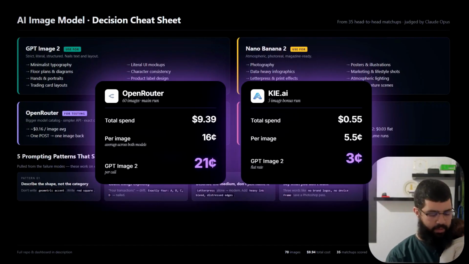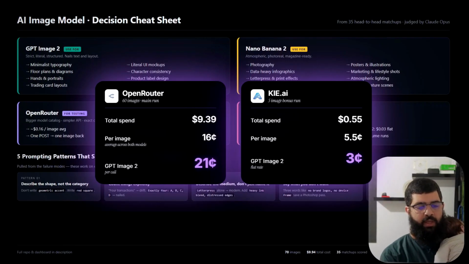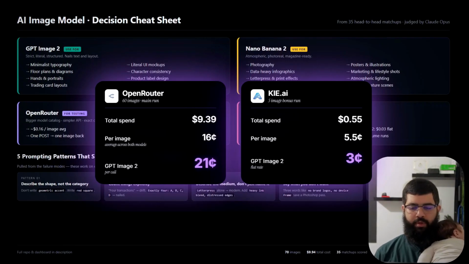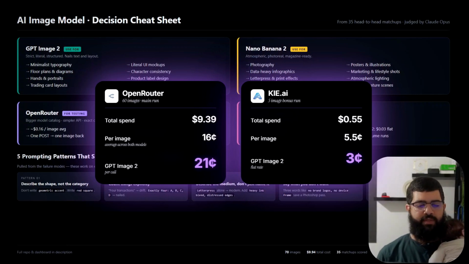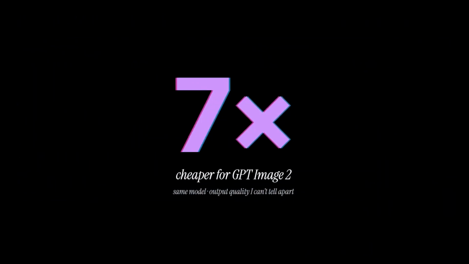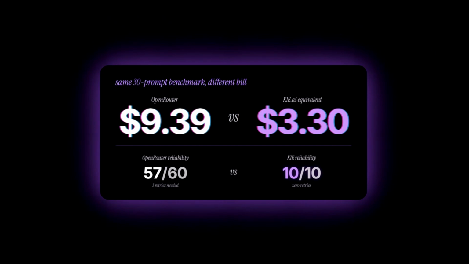GPT Image 2 was 3 cents flat. That's roughly 7 times cheaper, on the exact same model, with an output quality I genuinely cannot tell apart.